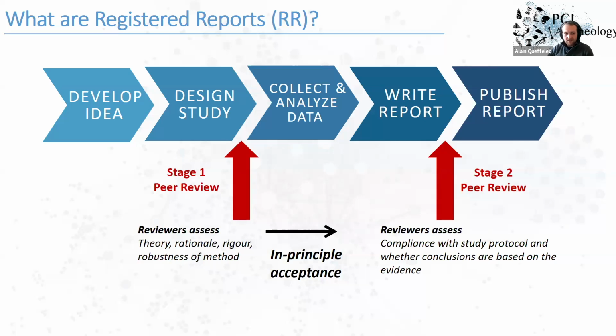You submit a first version of your manuscript, which is mainly the introduction and the materials and methods, and at this time you already have reviews. So before making errors in your process, in your method, etc., you already have advice from other researchers in your domain. After you do the research itself, you submit again the final manuscript, and the same reviewers will assess whether you followed exactly what you said you would do.